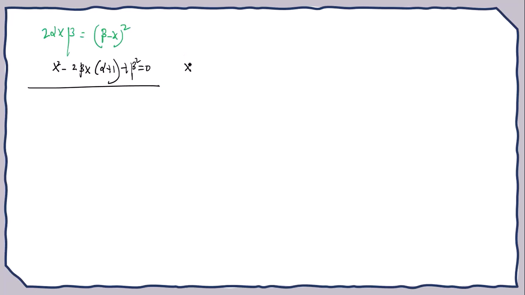So x equals beta into alpha plus 1, plus or minus root of alpha plus 1 whole square minus 1.